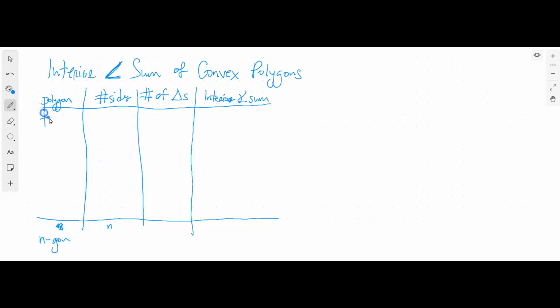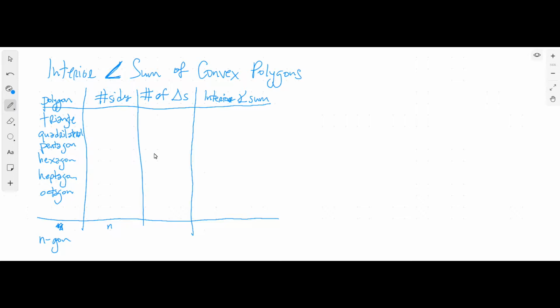We will talk about a triangle, a quadrilateral, a pentagon, hexagon, heptagon, and an octagon. I highly recommend you get this table in your notes.